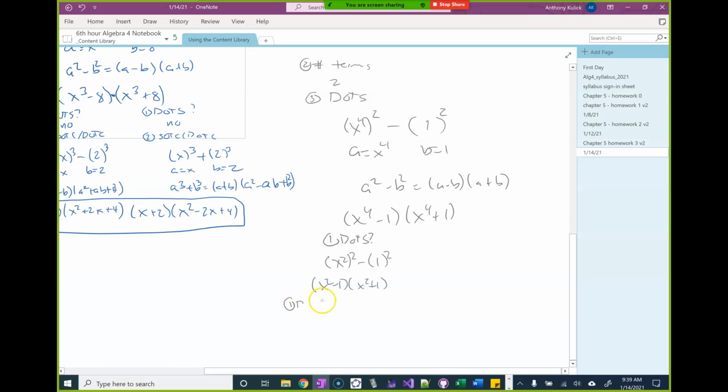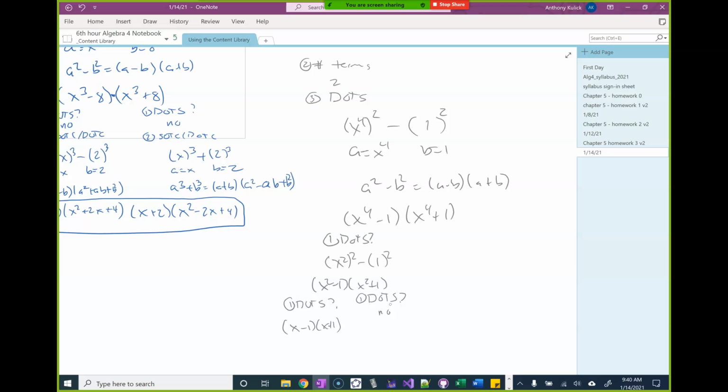The x squared minus 1 is also a difference of two squares, giving x minus 1 times x plus 1. Now we'll do x squared plus 1. That's not a difference of two squares. Notice why not?